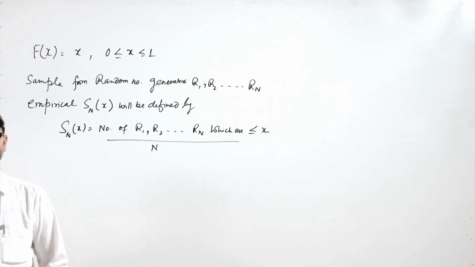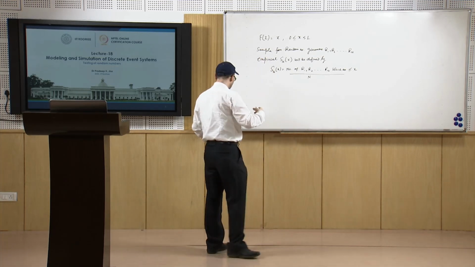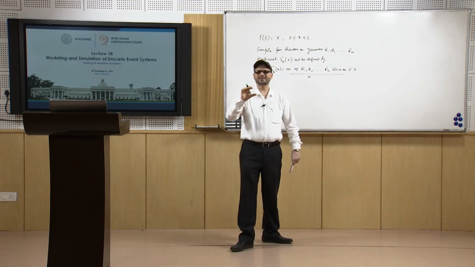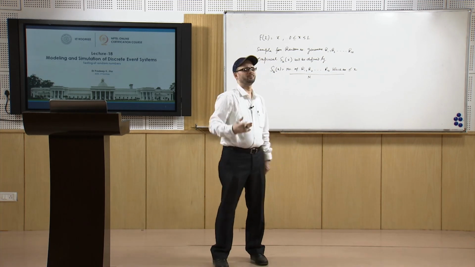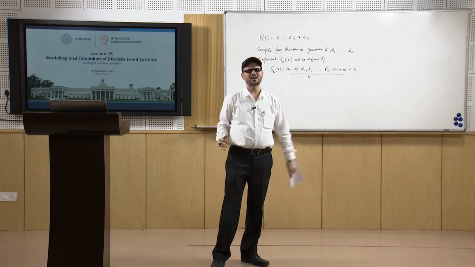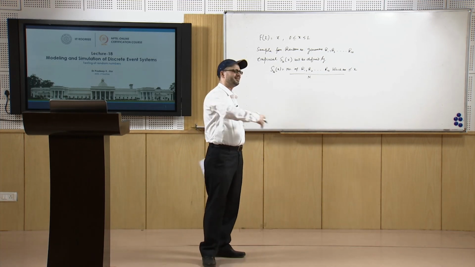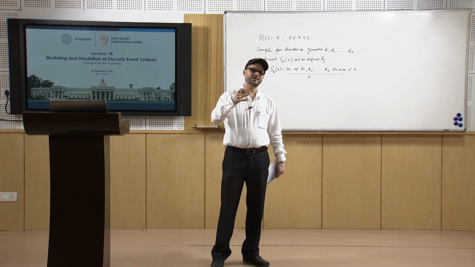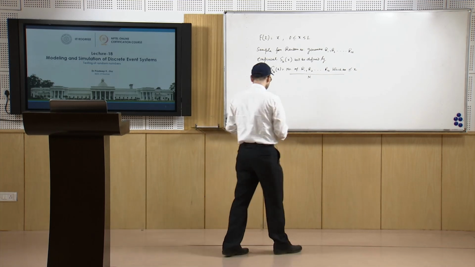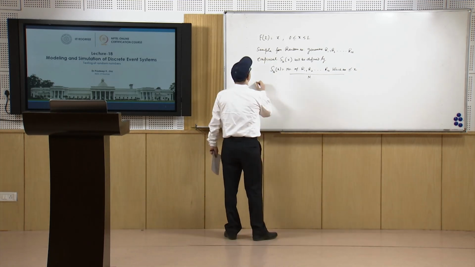As n becomes larger, you get a better approximation to the uniformity. If the sample size is larger, if you have a large number of random numbers, then the chances of getting uniformity are higher.